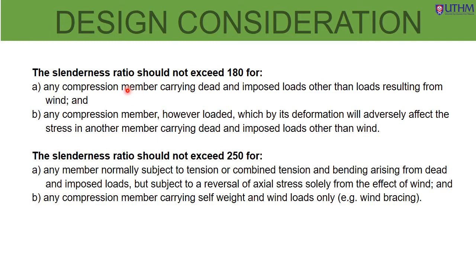In Malaysian Standard Part 2, it provides guidelines for slenderness ratio of members. So there are two guidelines: for lambda less than 180, the member carries dead and imposed load other than wind load. And for lambda less than 250, it is affected by wind.